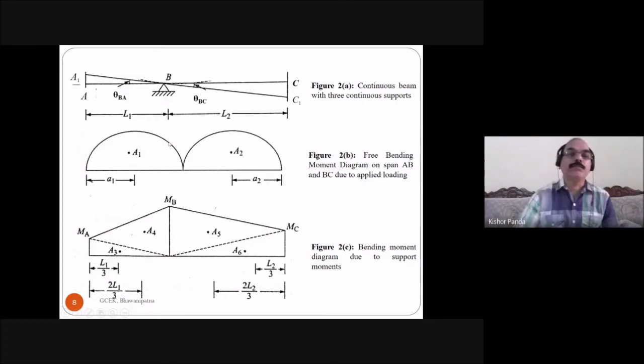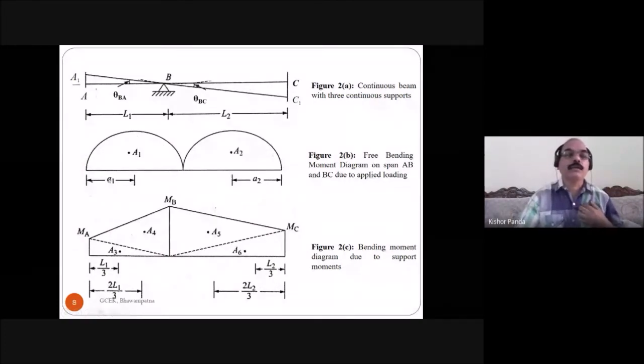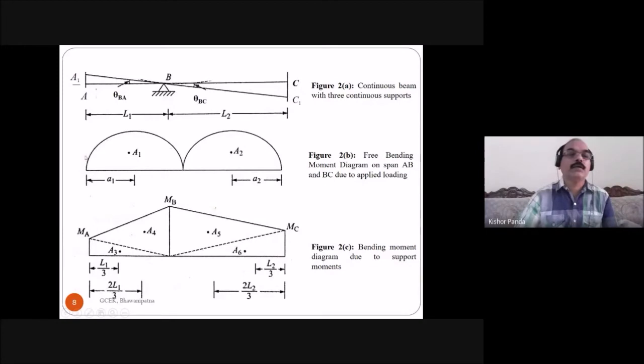Similarly, this is the free bending moment diagram. What is the area of this diagram, and what is the centroidal distance of area A1?